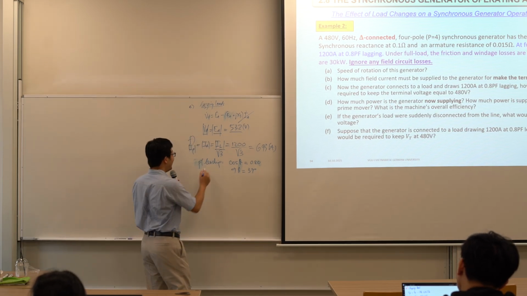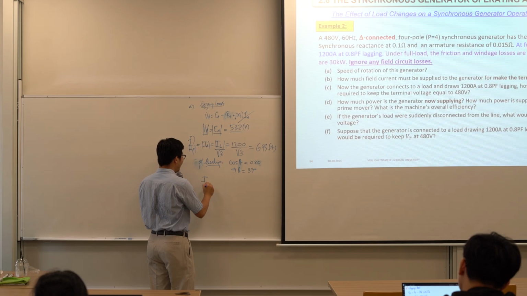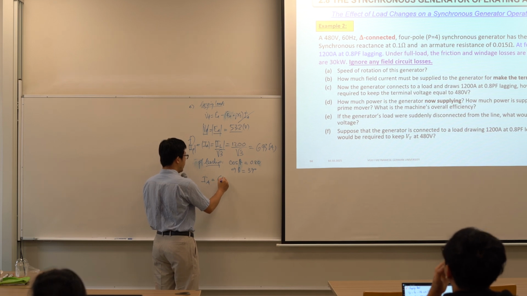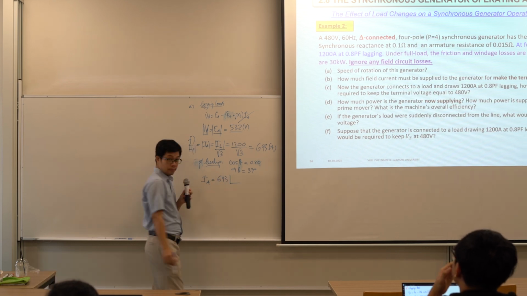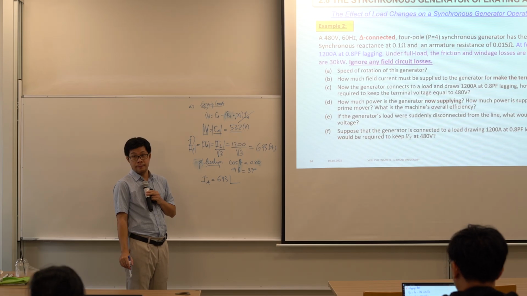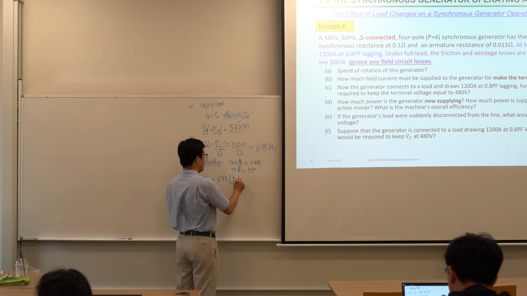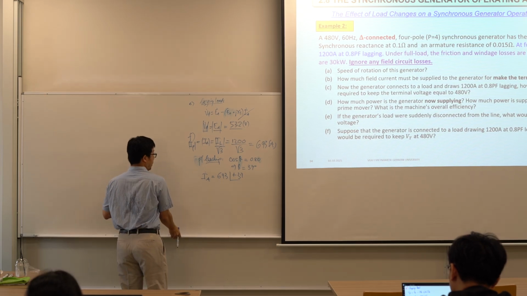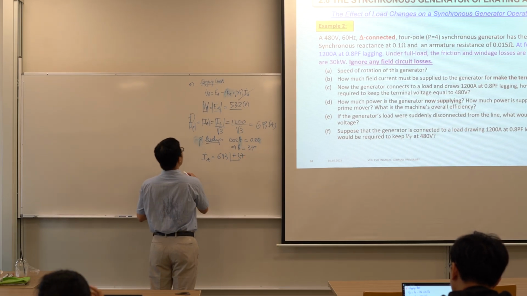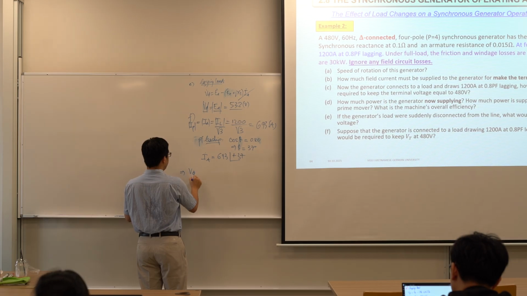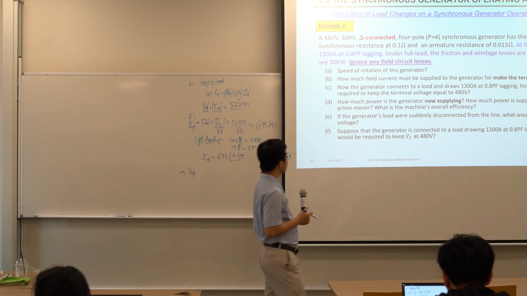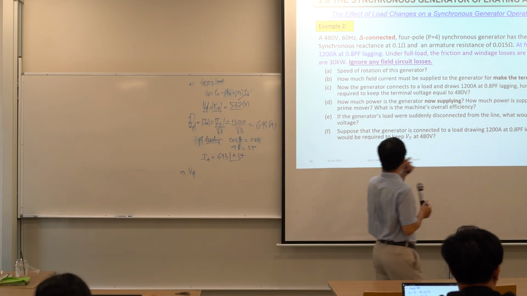Remember that this is leading. So if we write the complex number IA, this is 693 at plus 37 degrees, because this is leading. So now we can calculate V phase.